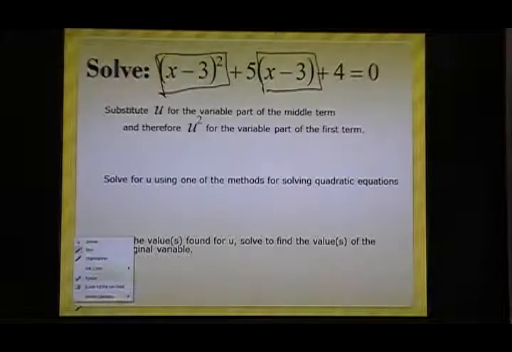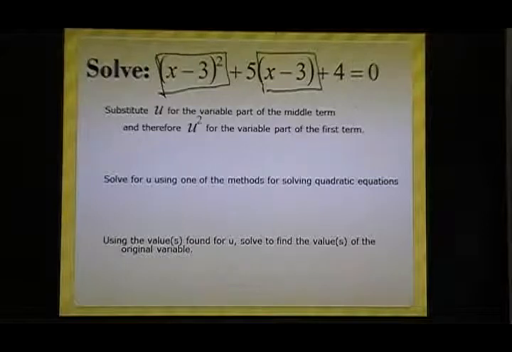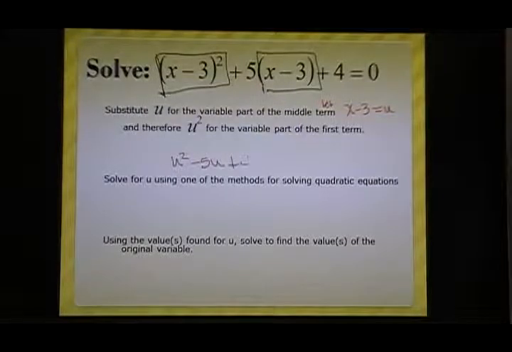Rather than going through a big ugly simplification, I'm going to choose to use a u-substitution instead. So I'm going to take my x minus 3 and let it be u. Rewriting, I have u squared plus 5u plus 4 equals 0.